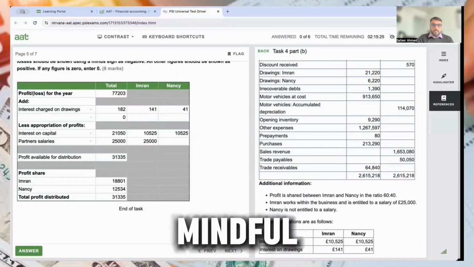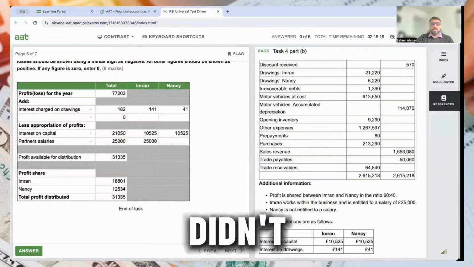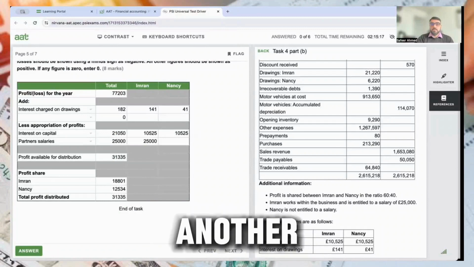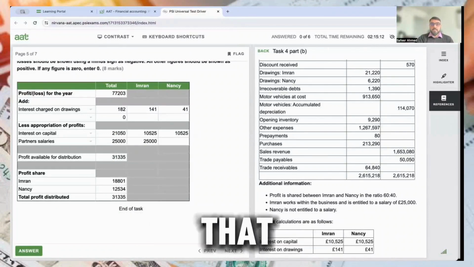So please be mindful about that. They can also ask you to prepare a statement of financial position. In this question, they didn't ask that. Of course, that's another important financial statement that can come up in exam, whether it is for sole trader or partnership business.